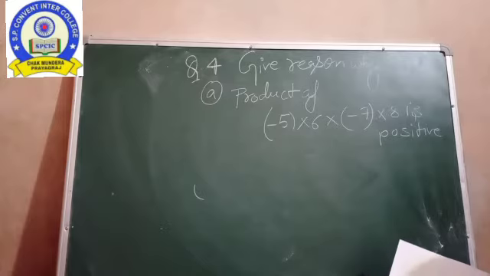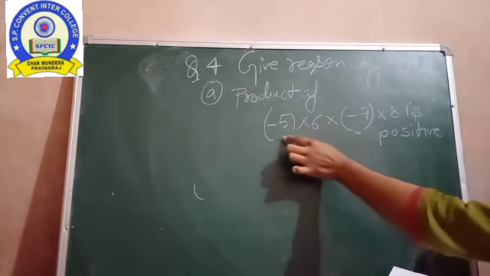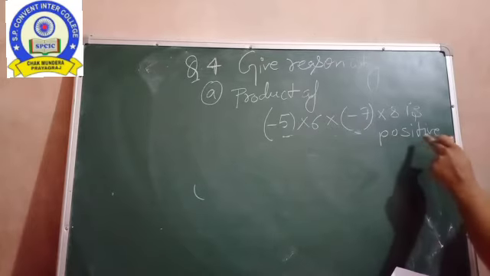आपने इसके पहले इंट्रोडक्शन पढ़ा, वहाँ पर आपने ये भी पढ़ा था, if a series of integers are to be multiplied, we count the number of negative signs. If it is odd, the product will be negative; if it is even, the product will be positive. यहाँ पर आप नंबर ऑफ नेगेटिव इंटीजर्स देख रहे हैं, there are 2 negative integers, 1 and 2, and the condition is if it is even the product will be positive.